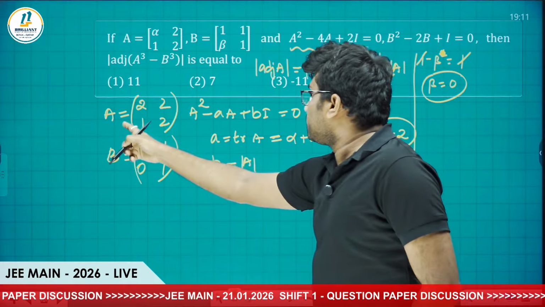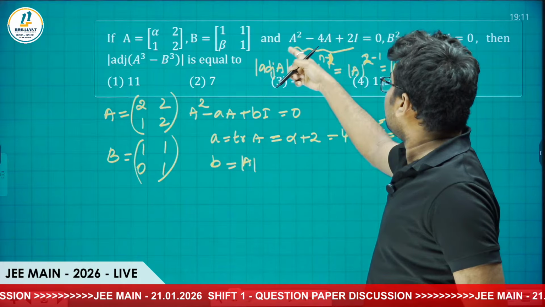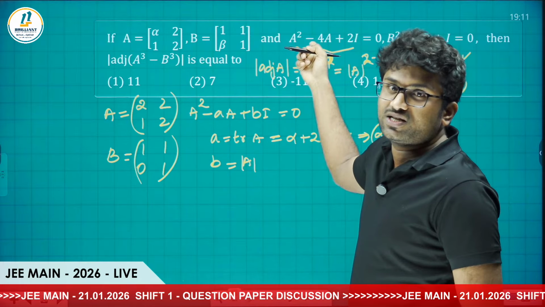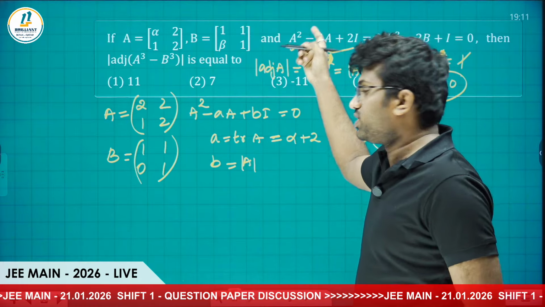As we have A, we can directly find A cube, or else we can use this characteristic equation to find A cube. From here you get A square equals 4A minus 2I. If you multiply both sides of the equation with A, A cube equals 4A square minus 2A. Substitute this A square equals 4A minus 2I here.